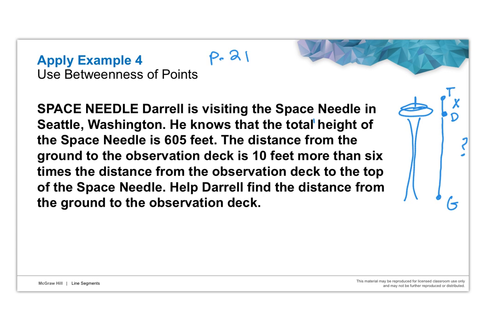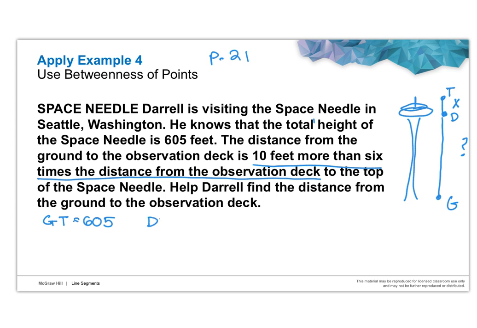What we know is that the total height is 605. So in other words, our GT is 605. Then we have this expression, 10 feet more than 6 times the distance from the observation deck to the top of the Space Needle. That's a unit that we don't know.